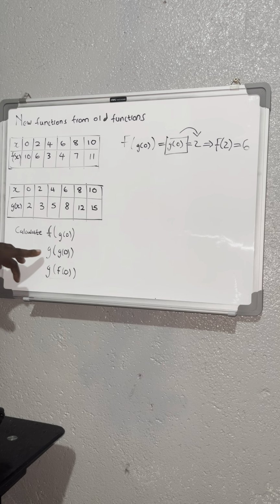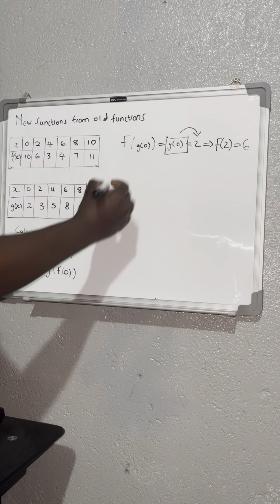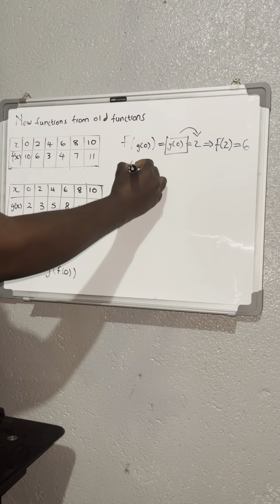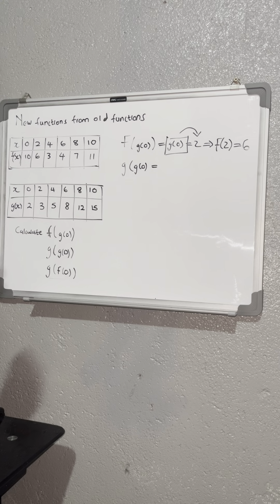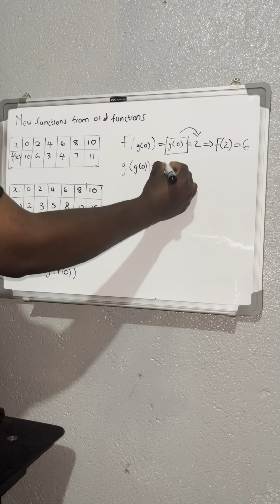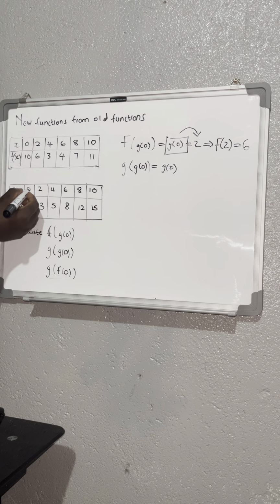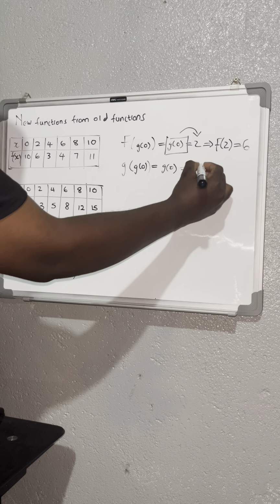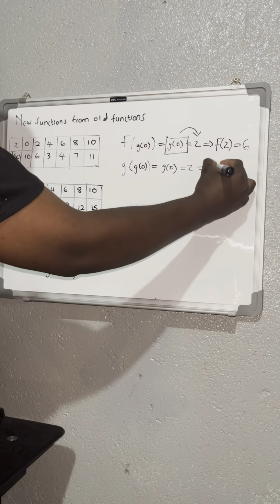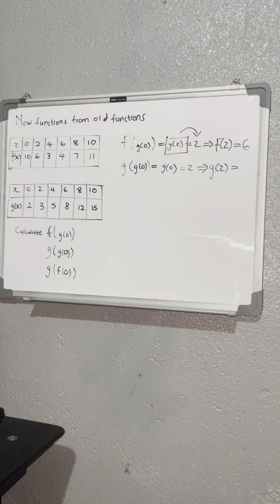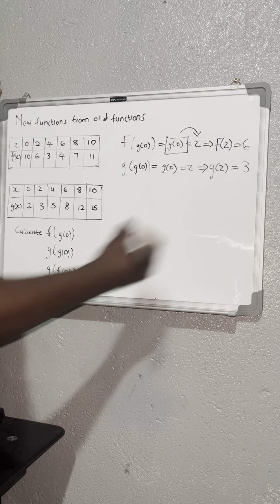Then we're going to go to this one where they have g outside, then g of 0 inside. You still have the same thing. I don't know why they are repeating this, but it's fine. You have your g of 0. G of 0 is equal to 2. Then this implies that you're going to have your g of 2, which gives you what value? G of 2, you're still on this one, gives you 3.